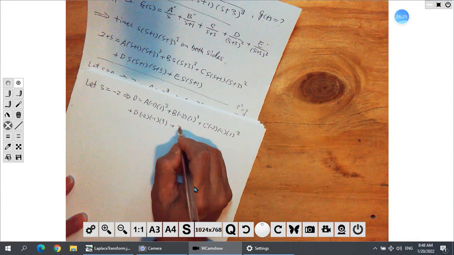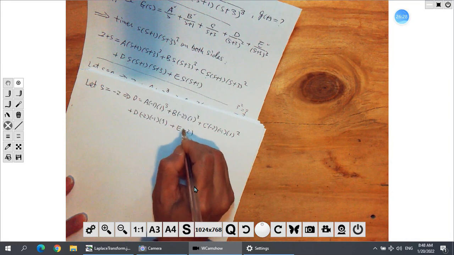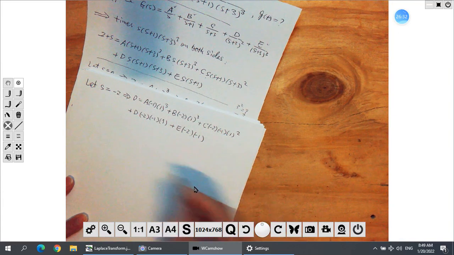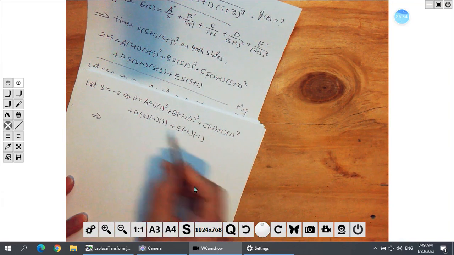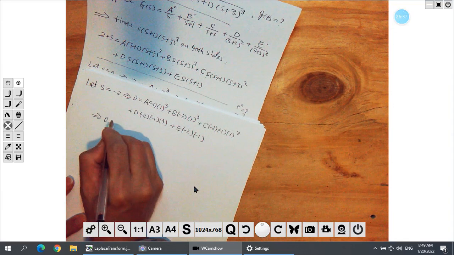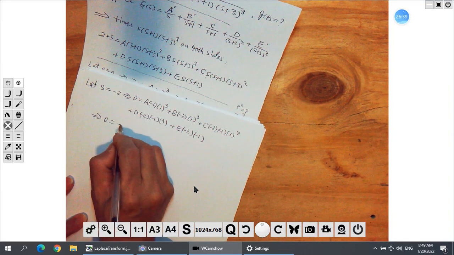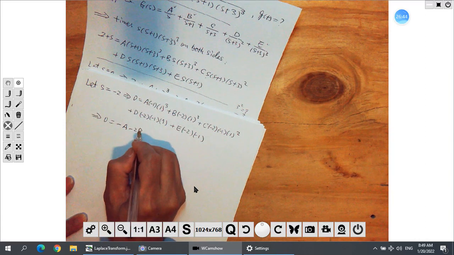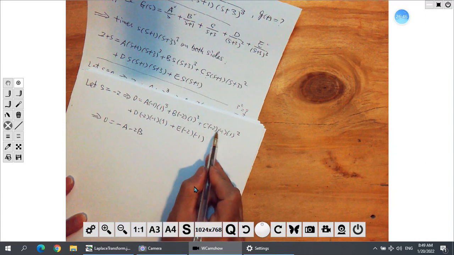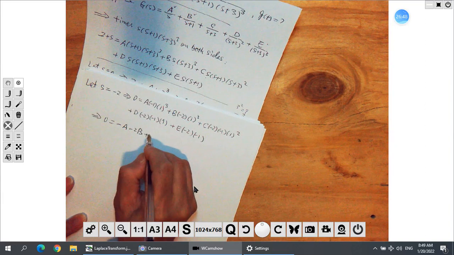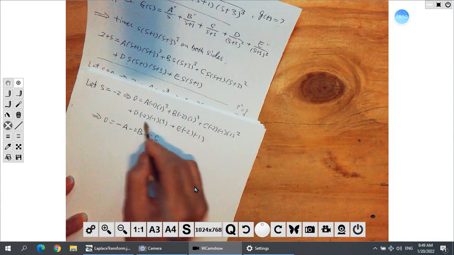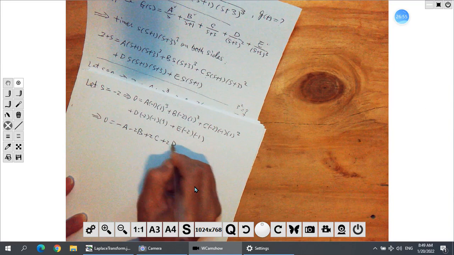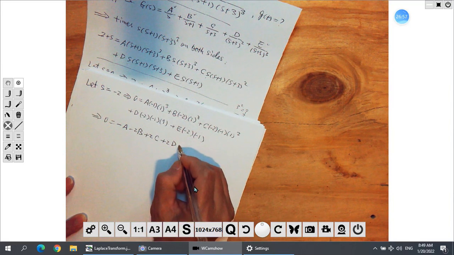And the E times s, negative 2, and negative 1. Okay. Now here is 0 equal to A with coefficient just negative A, right? Negative 1. And this is negative 2B. This is positive 2C. And this is also positive 2D. And positive 2E.